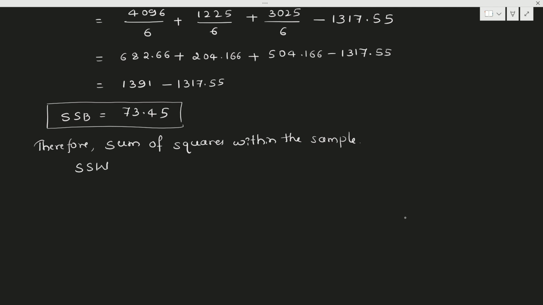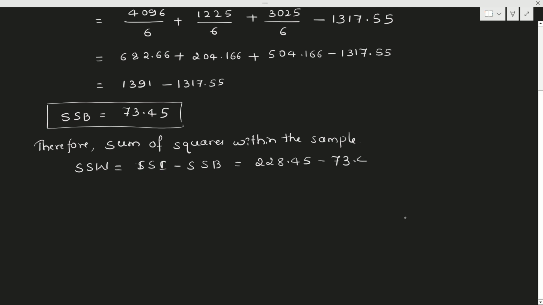It is given by SSI minus SSB. SSI is 228.45 minus 73.45. Therefore, SSW is equal to 155.